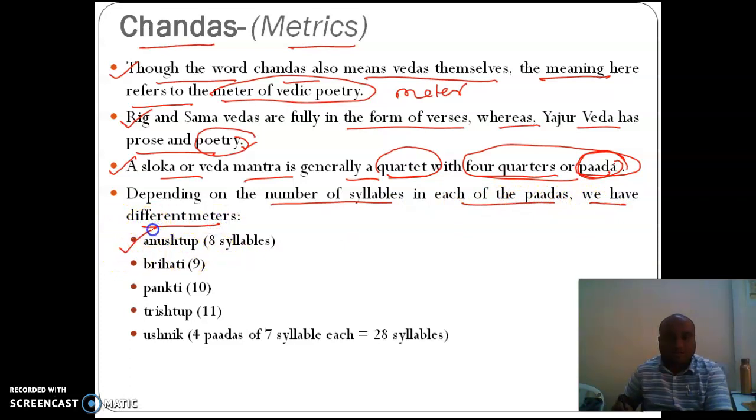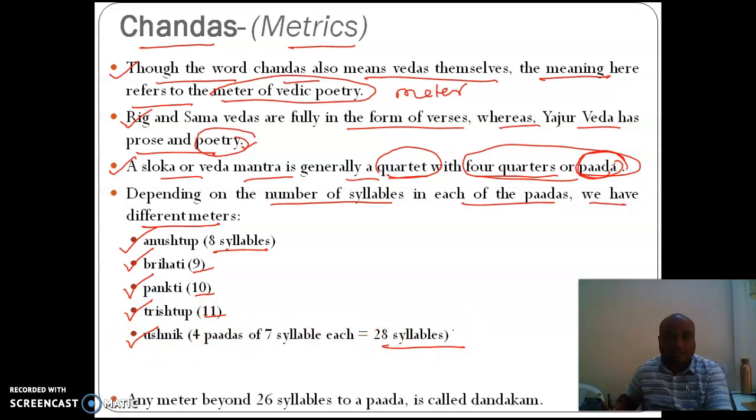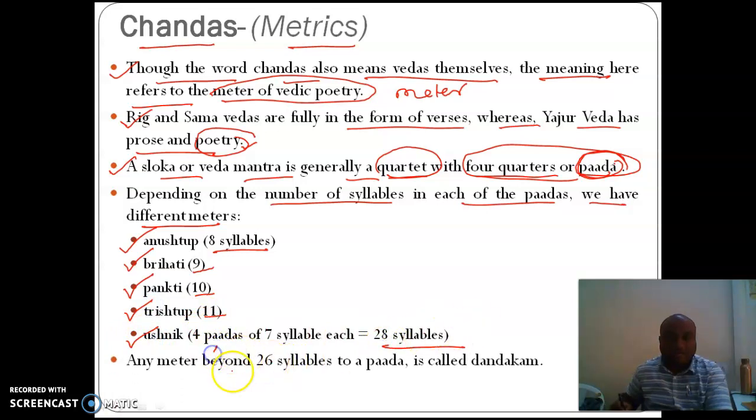One is Anustup, which consists of 8 syllables, Brihati, 9 syllables, Pankti, 10 syllables, Trishtup, 11 syllables, and Ushnik, totally 28 syllables. Any meter beyond 26 syllables for a given pada is called Dandakam.